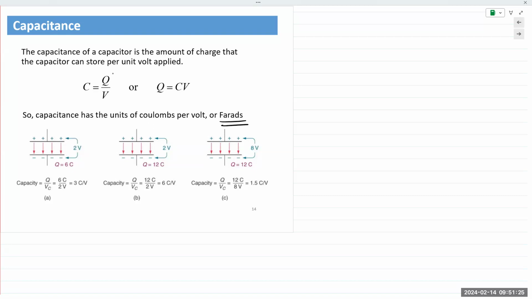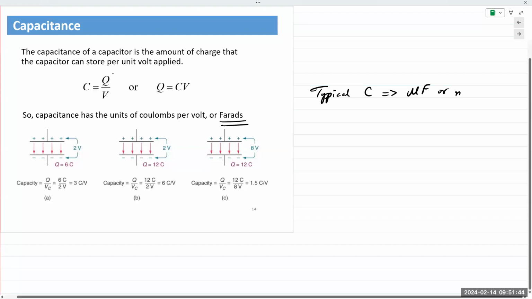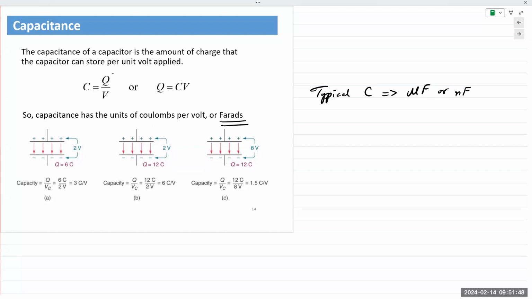Typical real life capacitors are on the order of microfarads, nanofarads, and picofarads, or even femtofarads. This is actually a big deal. Even a small capacitance is a big deal when we talk about microchips.